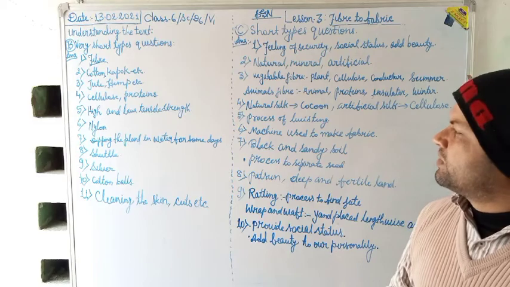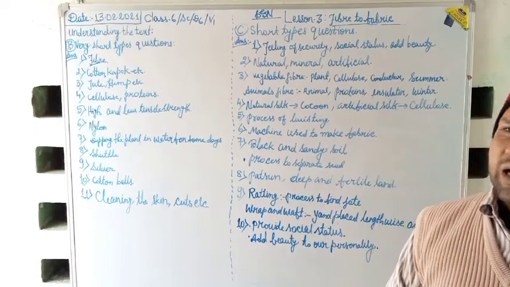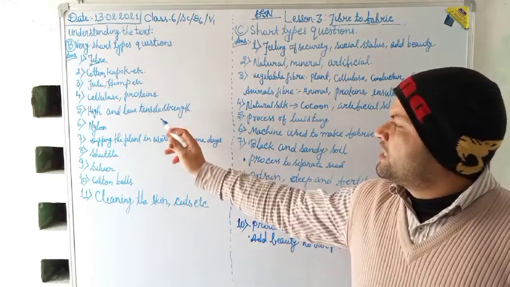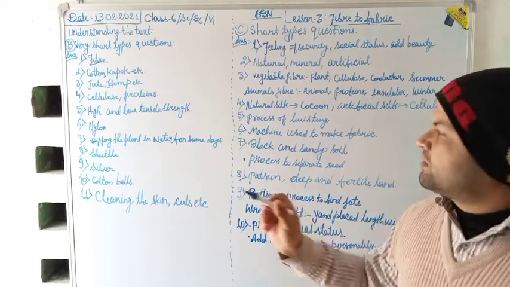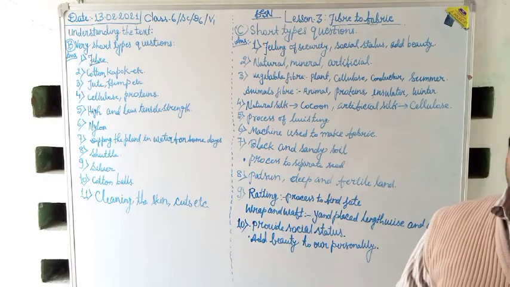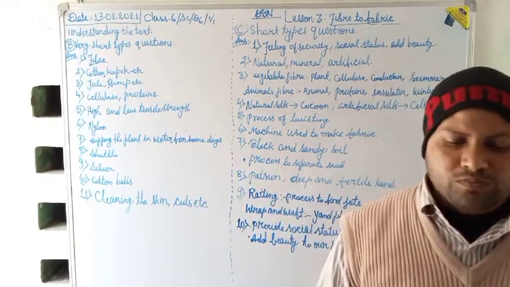Another difference is that animal fiber is made up of proteins, but vegetable fiber is made up of cellulose. So you can write either of these answers.